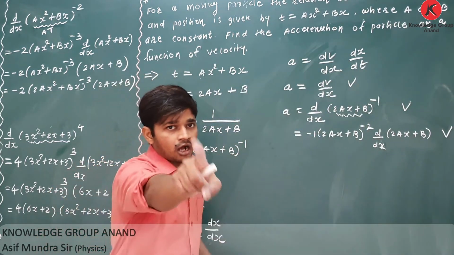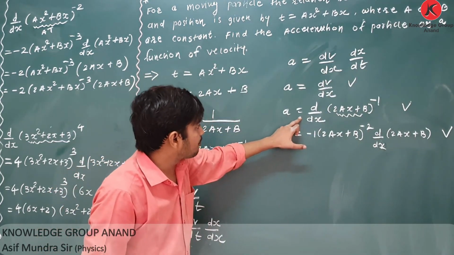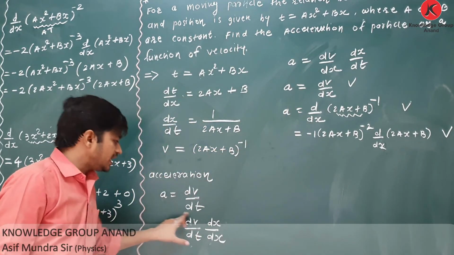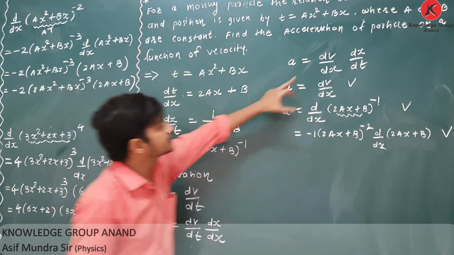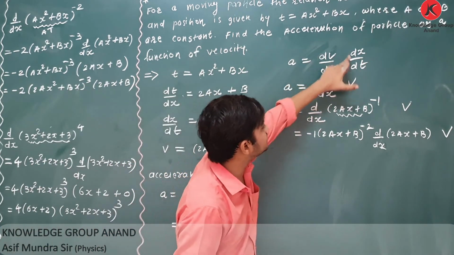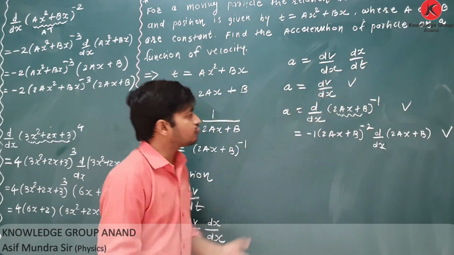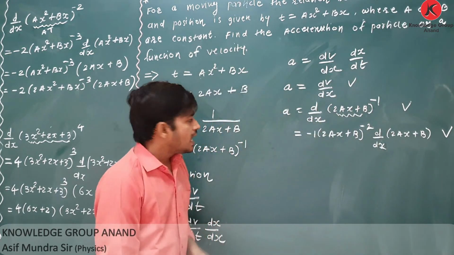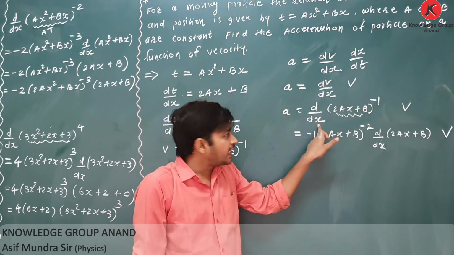Clear about this? Again, understand this term. We know that a is equal to dv upon dt. Multiply dx, divide dx, make the group dv upon dx, dx upon dt. dx upon dt is equal to v. Put the value of v, (2ax plus b) raised to minus 1. Here differentiation is with respect to x.